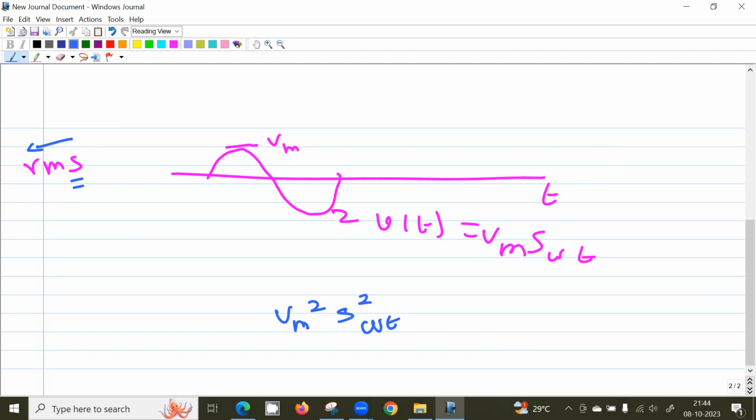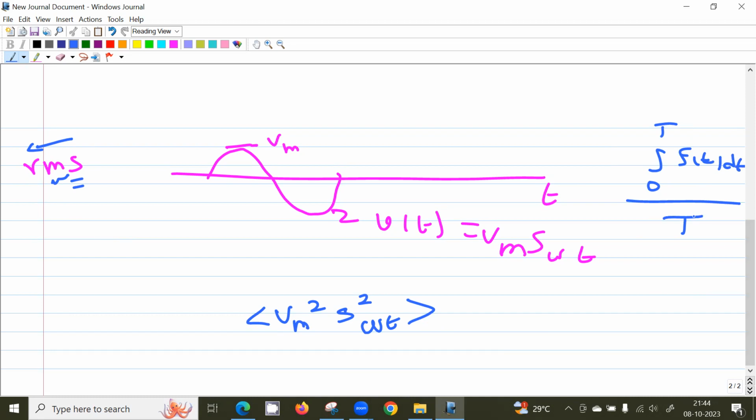Then we have to take the mean. Mean is the same as the time average. The time average of a function is the integral of f(t) over the period, 0 to T, dt, divided by the time period.